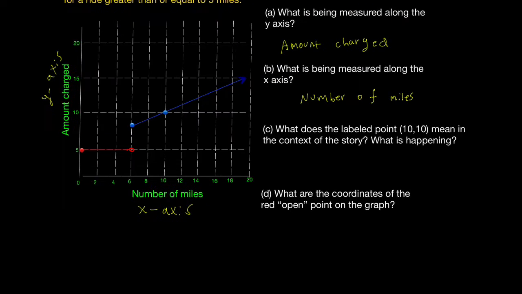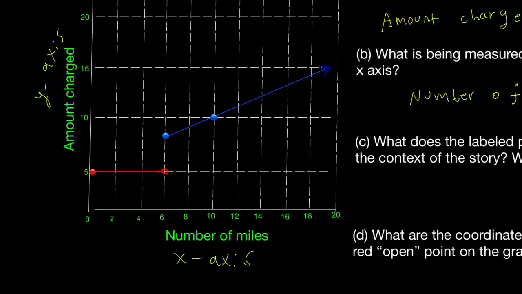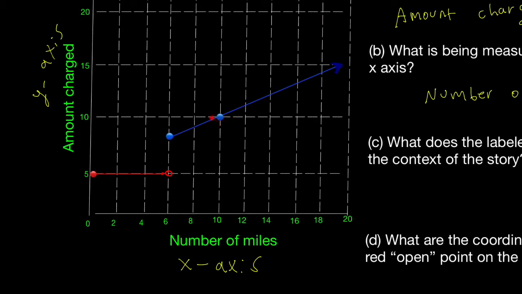For part C, what does the labeled point 10-10 mean in the context of the story, and what is happening? If we zoom in a little bit, 10-10 is this point right here. What does that mean? Because the x-axis is measuring miles, after 10 miles, we were charged a total of $10.